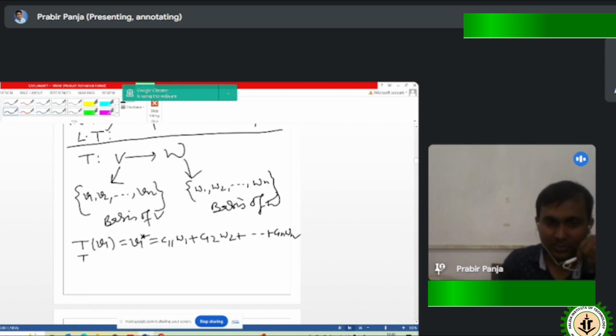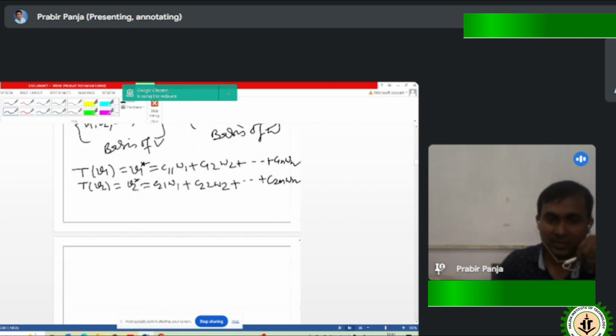Similarly, we will compute T of V2, that will be V2 star. Again, we will write it as C21 into W1 plus C22 W2 plus up to C2n Wn. In this way, we'll take the value of T of Vn.